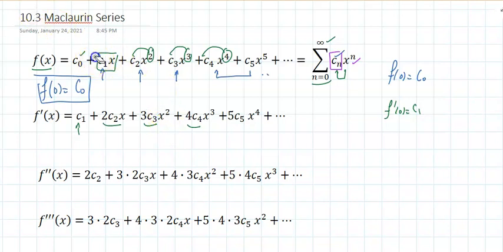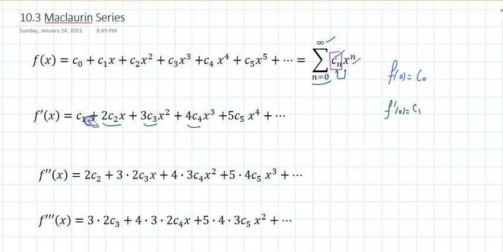Now, if I do this again, meaning if I take a second derivative of this, another derivative of that, that will be 0. This would be simply 2 c sub 2. You bring the power down, that's 3 times 2 c sub 3 x to the 1.